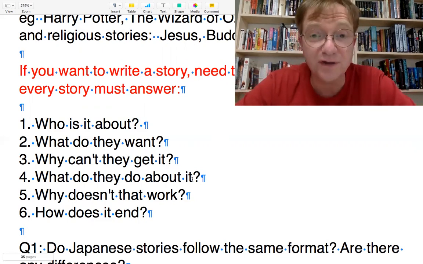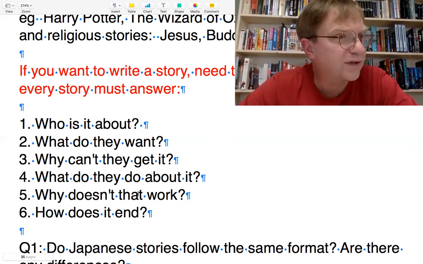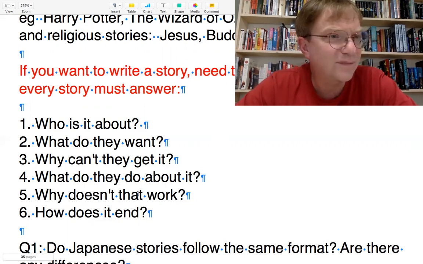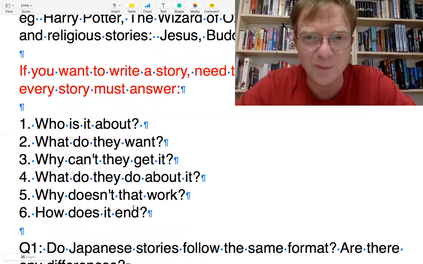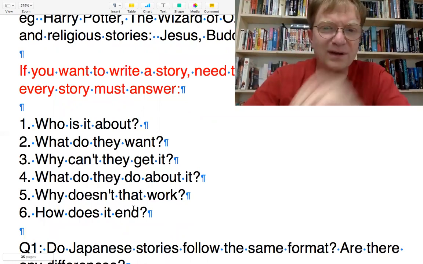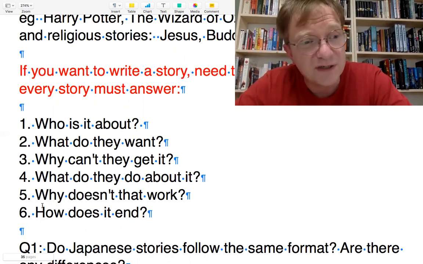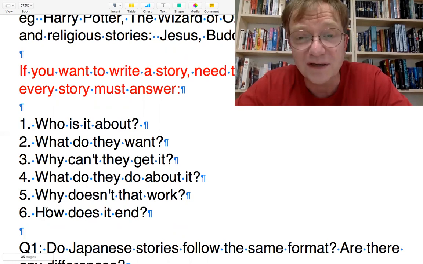He joins together with Hermione and Ron, and they go on adventures. Why doesn't that work? Oh, he can't solve it until he admits that he has the magic power, I think. How does it end? He beats Voldemort. Something like that. I'm not totally familiar with Harry Potter. But anyway, you can see there's sort of 6 questions. And if you can answer these 6 questions, you can make a story.